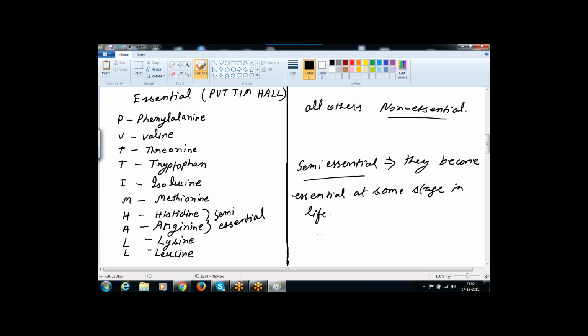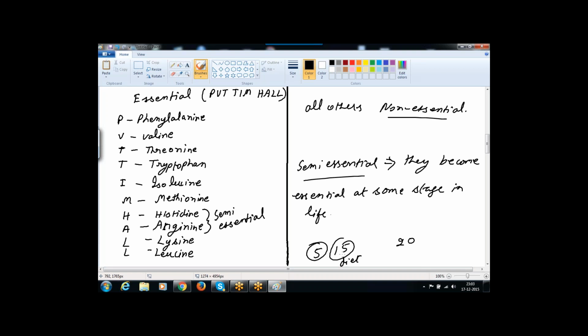That means, let's say body is synthesizing 5 and the body requires 20. So even if body is synthesizing 5, it is not enough, so 15 must be obtained from diet. So that way they become essential, even though body can synthesize them, but still they should be obtained from diet, at least at some stages of life.